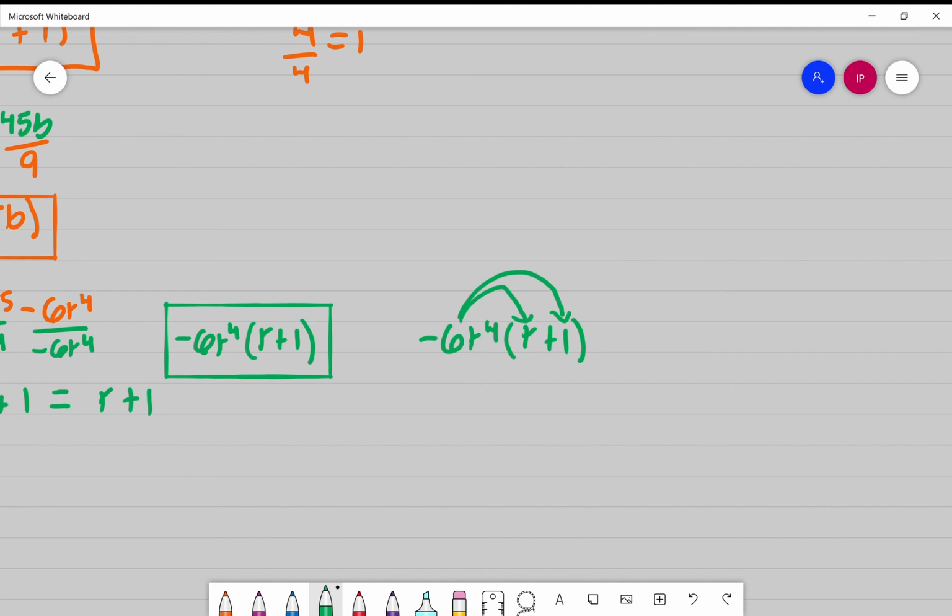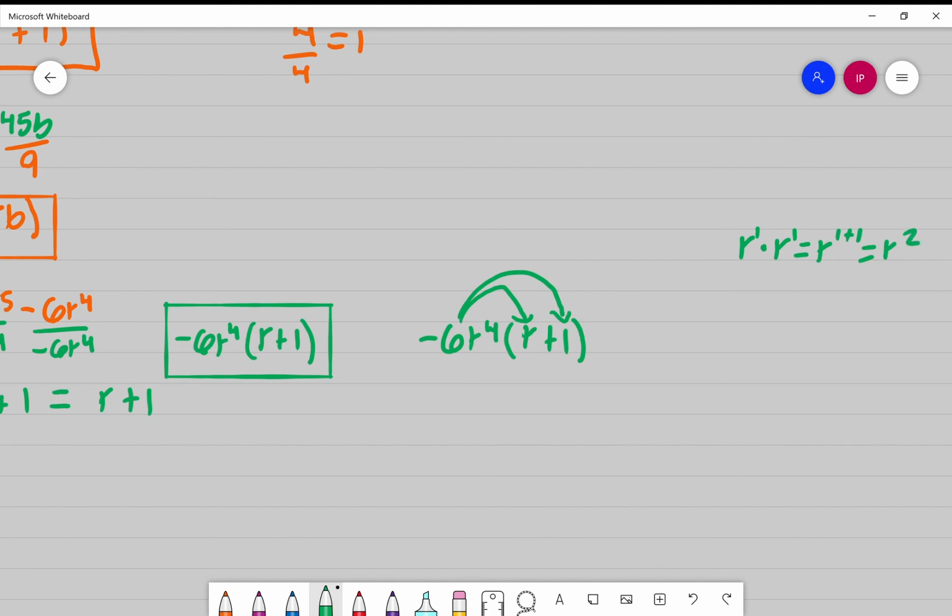When you're multiplying variables, so let's say for example r times r, both of these have an understood 1. And in division, when we were dividing variables, we subtracted. So we do the opposite of subtraction, which is add. So we're going to add these two. R to the 1st times r to the 1st is r to the 1 plus 1, which is r to the 2nd.